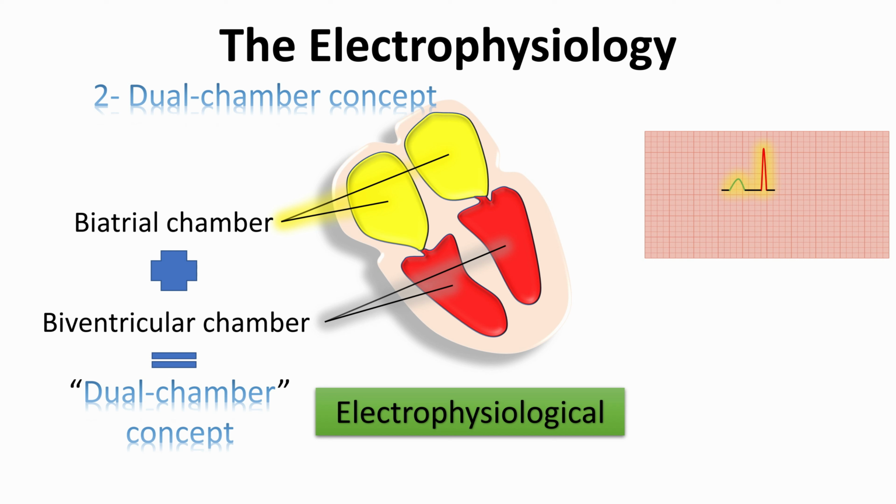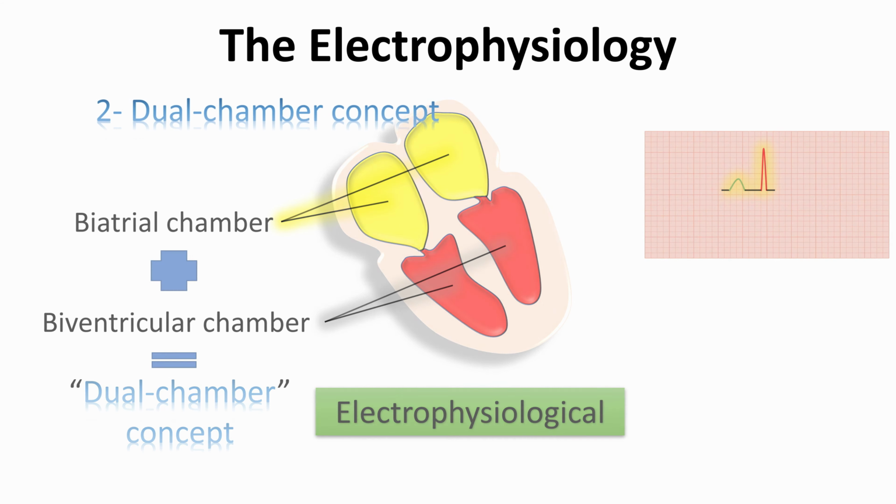This is because the atria are activated together and the ventricles contract synchronously. So in ECG, atrial activation is represented by a single wave and ventricular activation by a single wave complex.